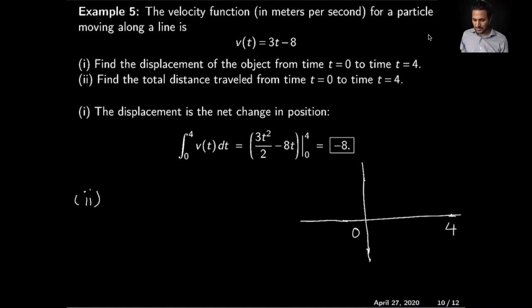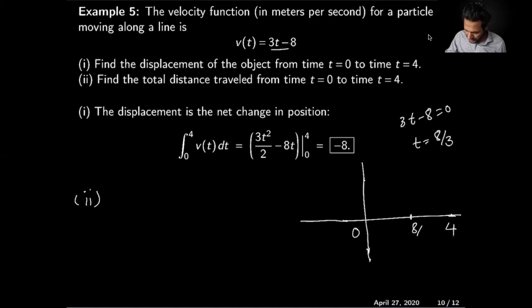And as we can see, the graph of this function, the velocity graph, is going from 0 to, if I plug here, when the velocity is 0, when 3t minus 8 is equal to 0, so t is equal to 8/3, which is around 2 and more, greater than 2.